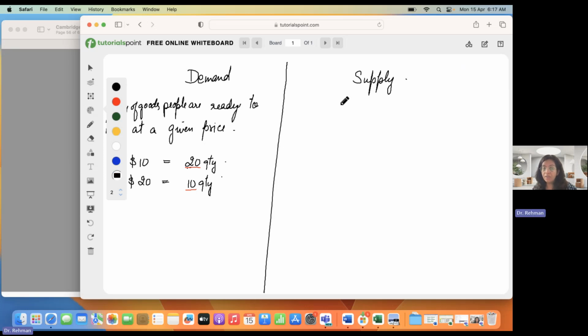On the other hand, what is supply? Supply is the amount of goods, the quantity of goods producers are ready to sell at a given price.